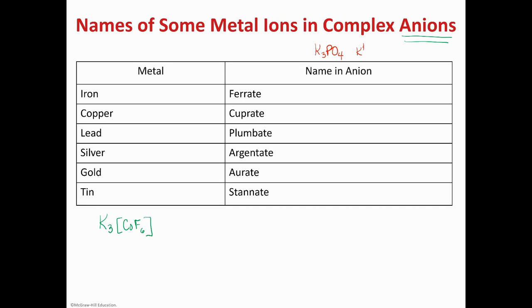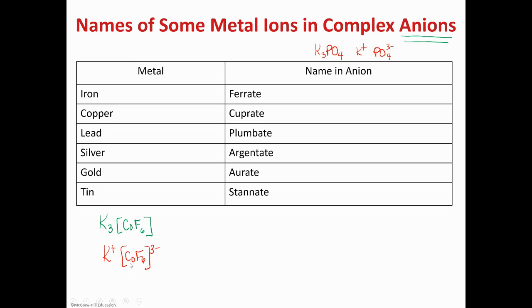So that's K plus and PO4 3 minus. When you balance out the charges, you get K3PO4. That's the same here. So this is K plus and CoF6 3 minus.